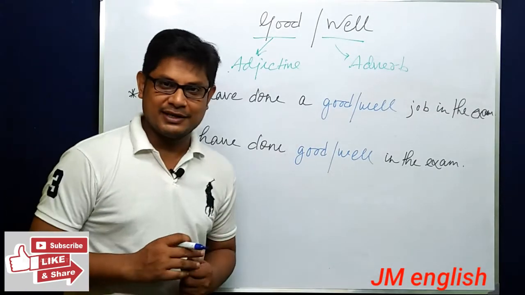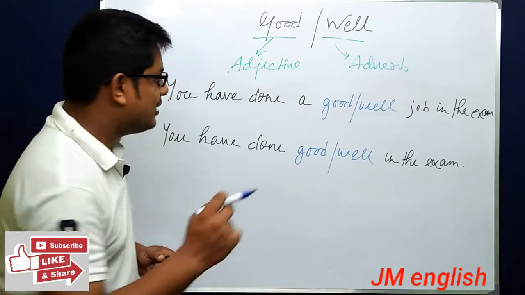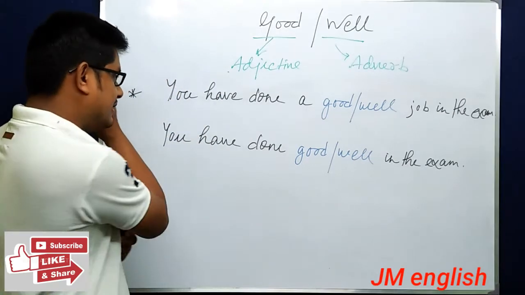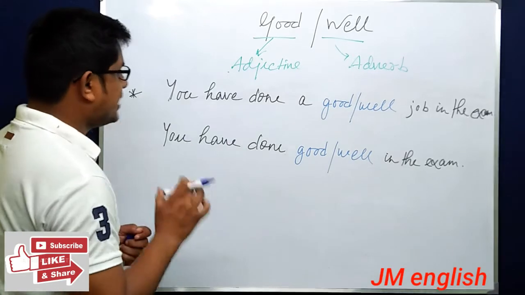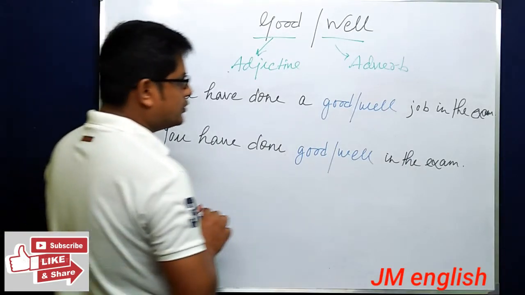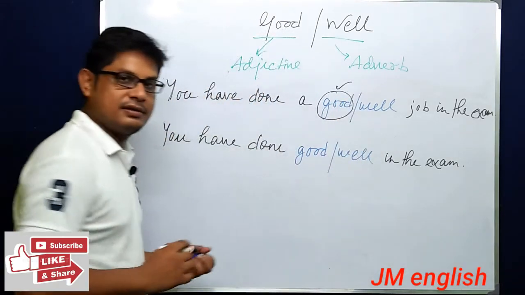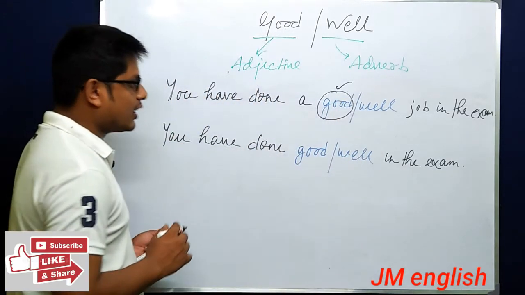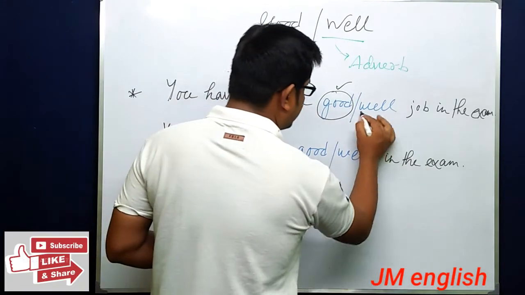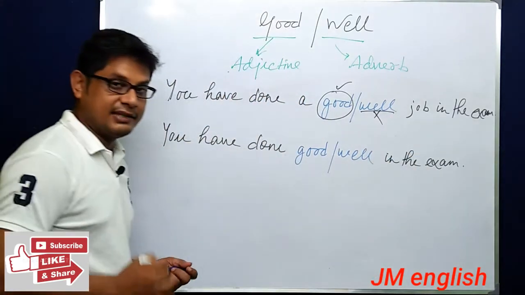Try to find out. Okay, now let me give you the answer. In the first sentence, you have done a good job in the exam. This one is right, good. So you cannot use well in the first sentence.